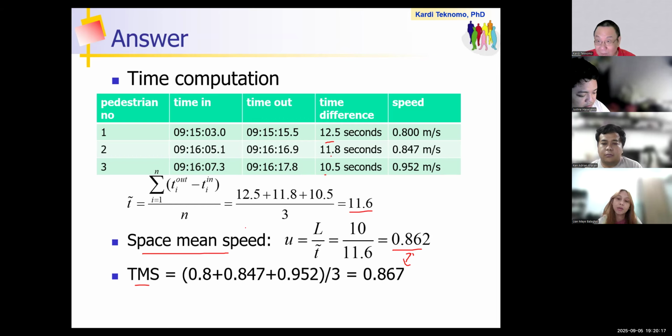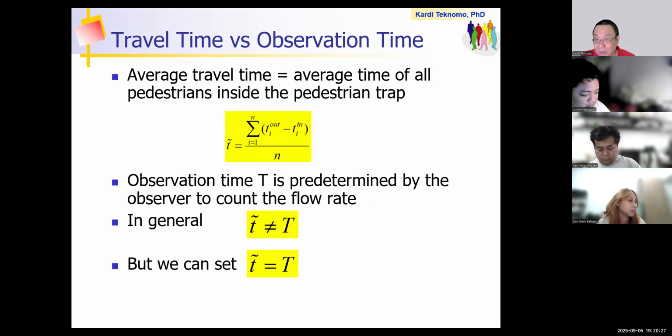From there, you can get a formula. To get the formula, I use a simplified method. The average travel time is the average time of the pedestrians or vehicles inside that track, the survey region of interest. The observation time is the time that you use to observe.